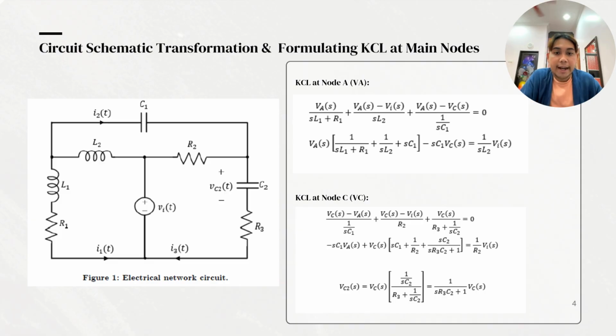Then you get minus C1 VA plus VC, open the bracket, C1 plus 1 over R2 plus C2 over R3 multiplied by C2 plus 1, close the bracket, and you get the answer 1 over R2. For the last one, VC2 equals VC, open the bracket, 1 over C2 over R3 plus 1 C2, close the bracket, equal to 1 over R3 C2 plus 1.